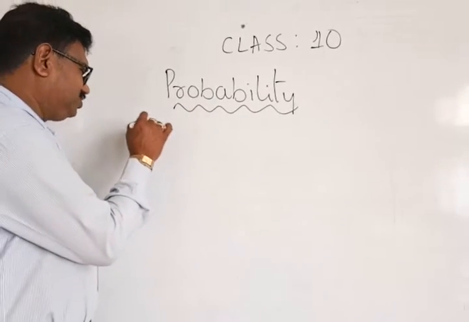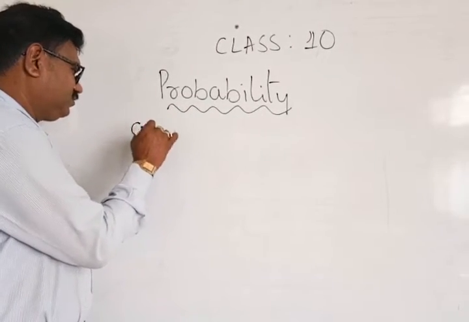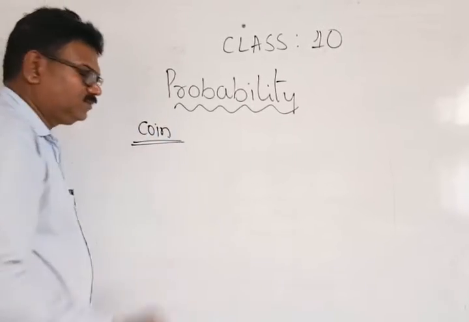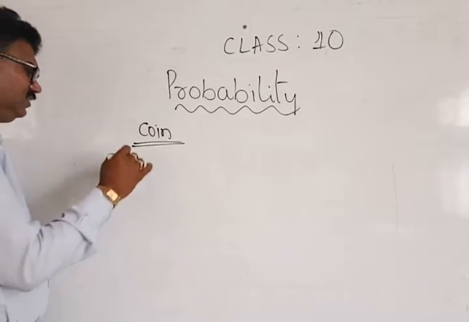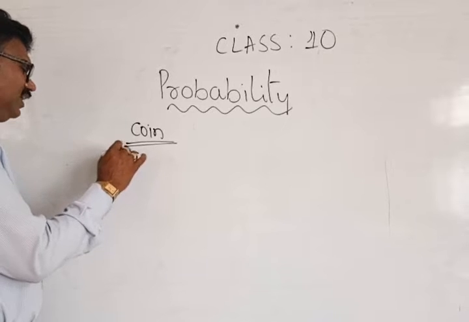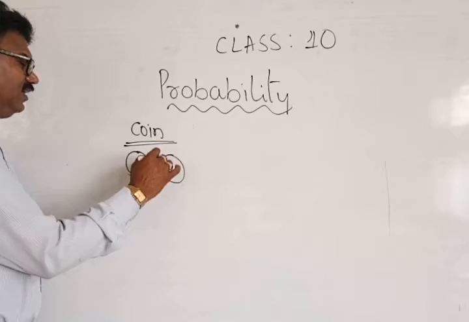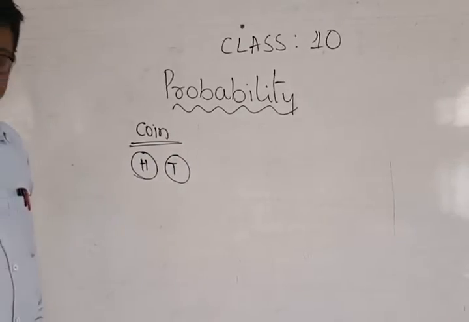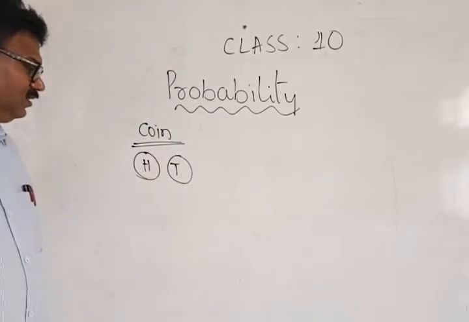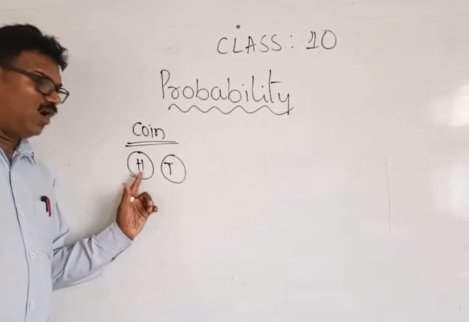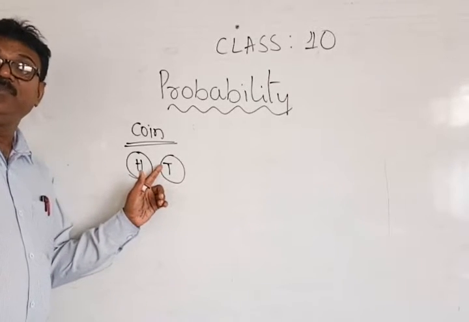Now, we'll study first one, coin. If you take a coin, there are two chances. One is head, one is tail. When you toss the coin, either head may come or tail may come.